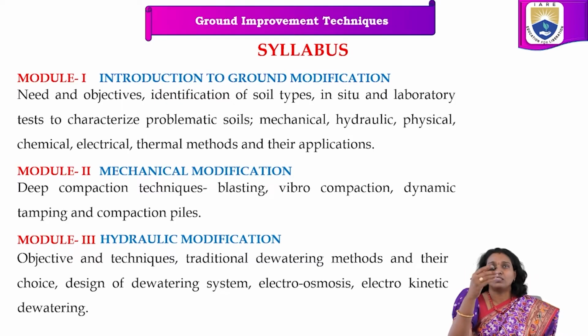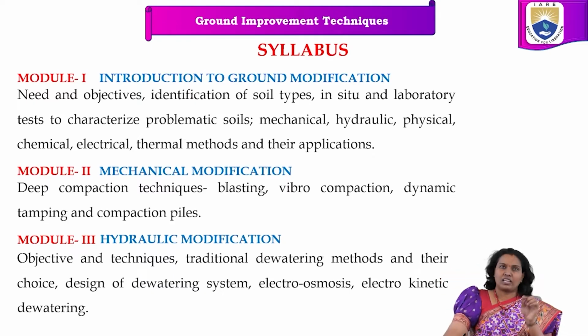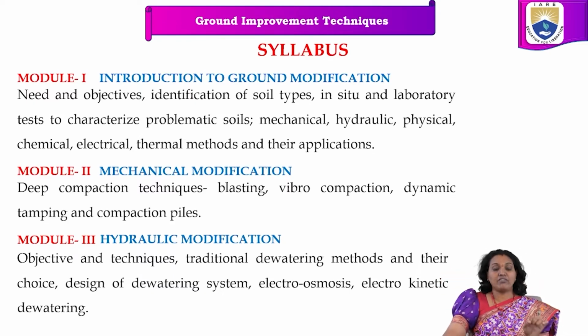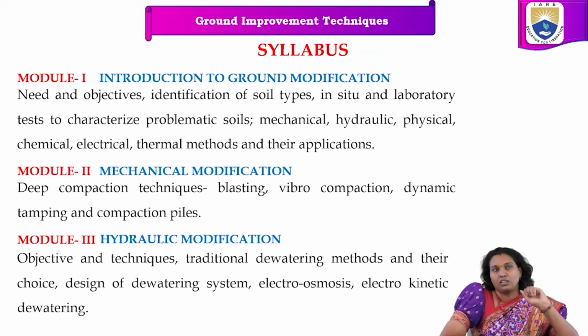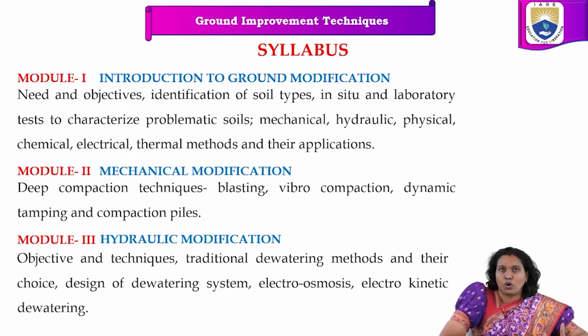So in this, the first one is introduction to ground modification. What are the need and objectives, identification of the soil types, and what are the various tests to characterize the problematic soils. Where the problematic soils are there, mechanical methods, hydraulic methods, physical, chemical, electrical, thermal methods and their applications we are going to see in this module 1.